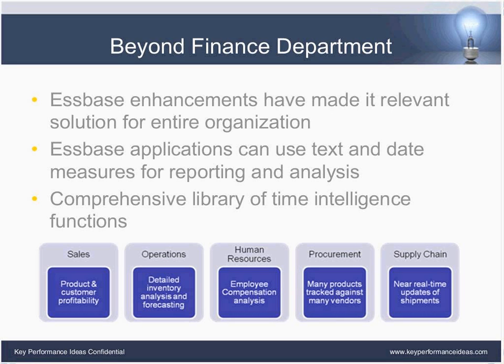In HR, we can do employee analysis, headcount analysis, come up with benefit compensation models, etc. Both procurement and supply chain can leverage a multitude of different dimensions such as vendor, inventory, shipments, in and out of factories.